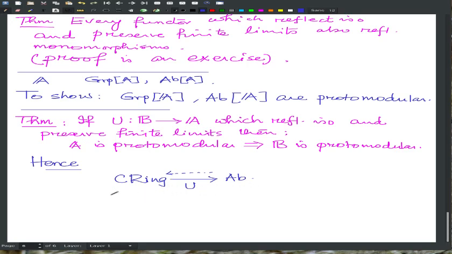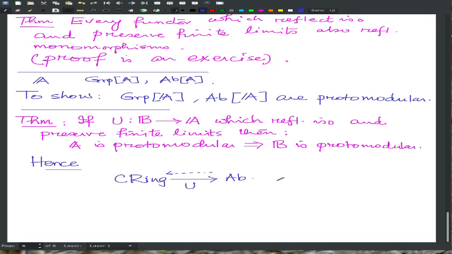If you have a ring homomorphism such that the corresponding abelian group homomorphism is an isomorphism, then the ring homomorphism is automatically an isomorphism, right? Okay. So you know that this is the case.